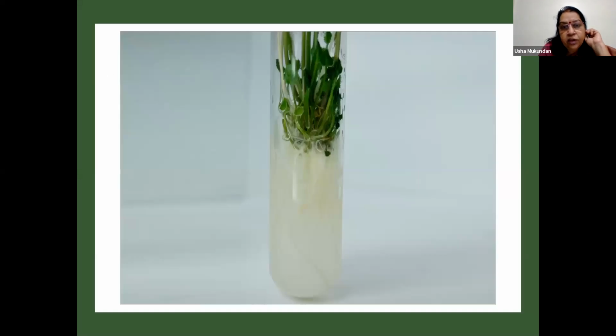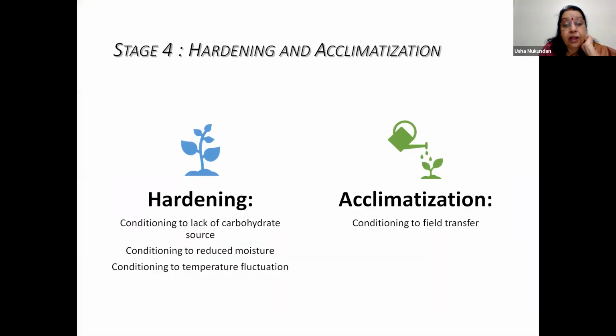So you can see in the medium nice long roots, indicating that roots have developed, and these plants are ready to be separated, so each one of them grows properly and then they can be acclimatized.